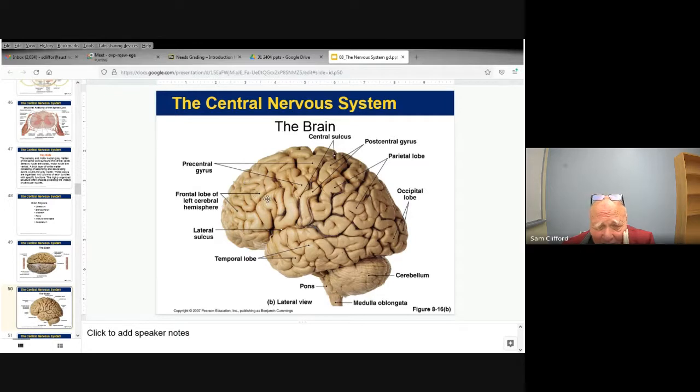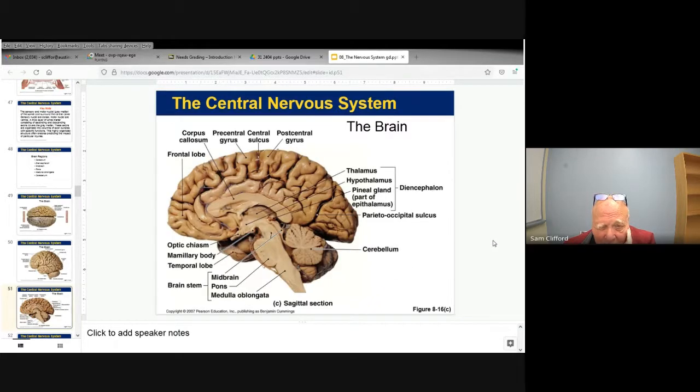All of those things are ultimately analyzed. Vision in your visual cortex, the temporal lobe is where the auditory cortex is on both sides. So you should have a frontal lobe, a parietal lobe, an occipital lobe, and a temporal lobe.